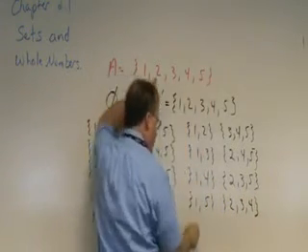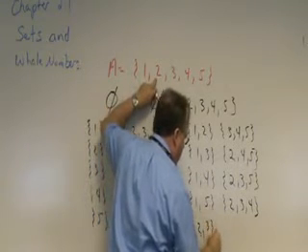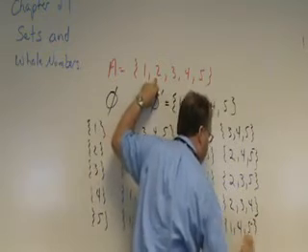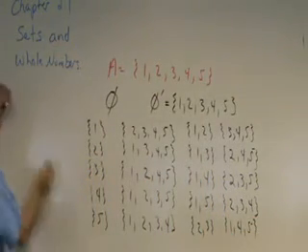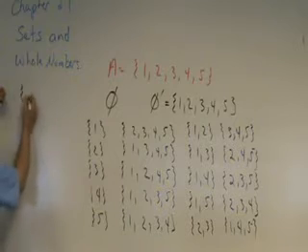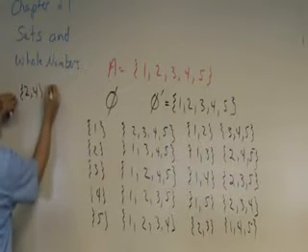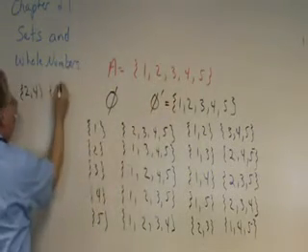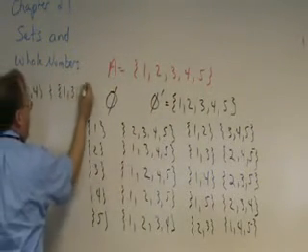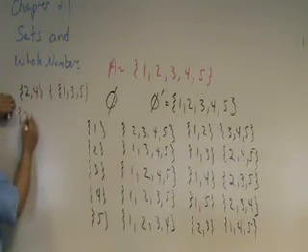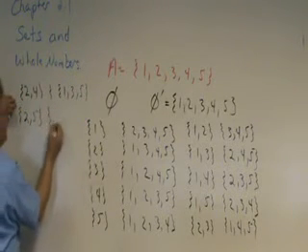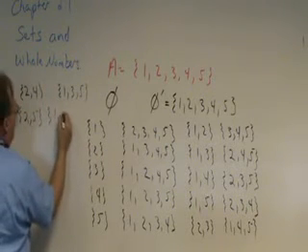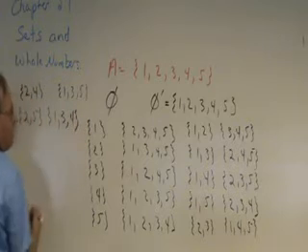Okay, so 2 and 3 would give me 1, 4, and 5. Let's go over here and let's see, that would be 2 and 4. And you can see that I would have 1, 3, and 5. Okay, and then I could do 2 and 5, which would give me 1, 3, and 4.